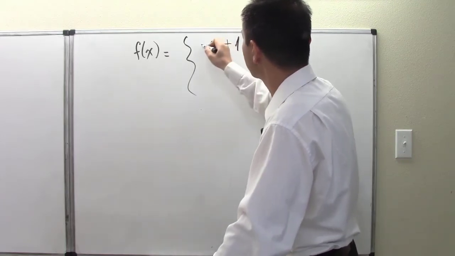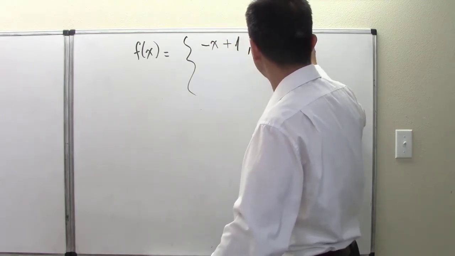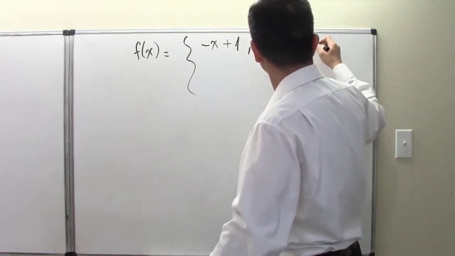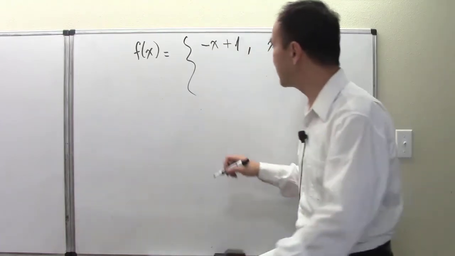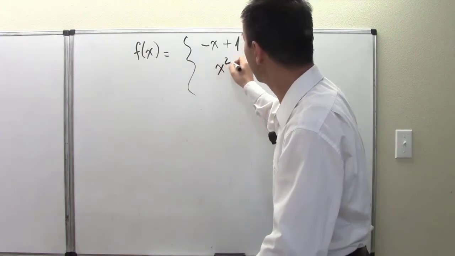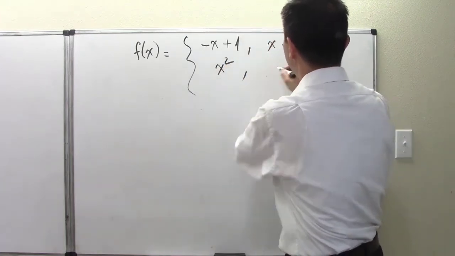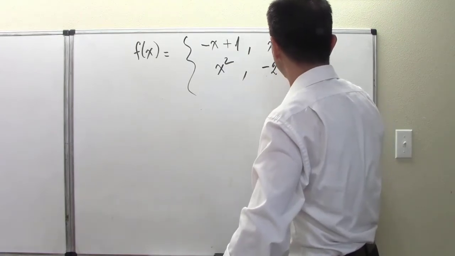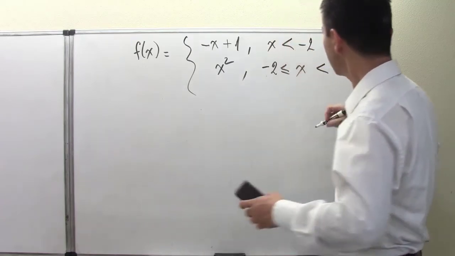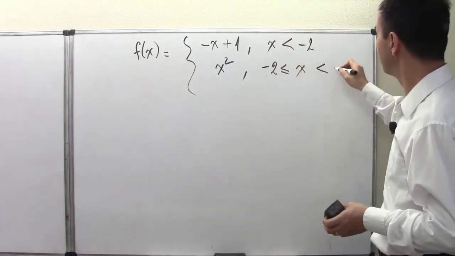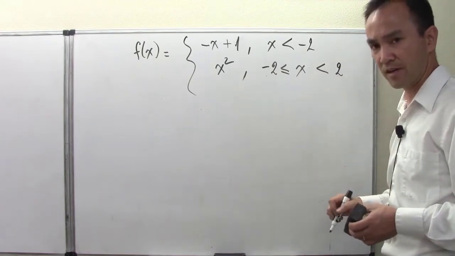Okay, minus x plus 1, but for x being less than negative 2. Okay, and then we're looking at x squared, for our values from negative 2 to 2.